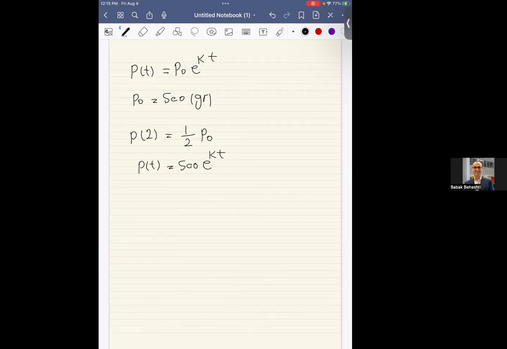Now, P of 2 is 1/2 of P0. What is P of 2? P of 2 is 500 e to the power 2k, because here I want to find k, the decay factor. And this must be equal to 1/2 P0, which is 1/2 of 500.